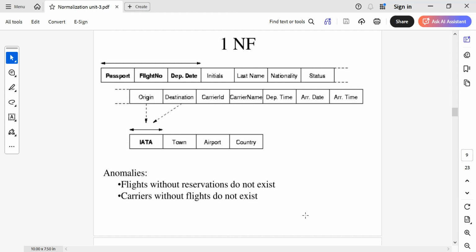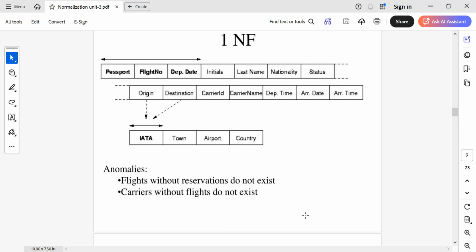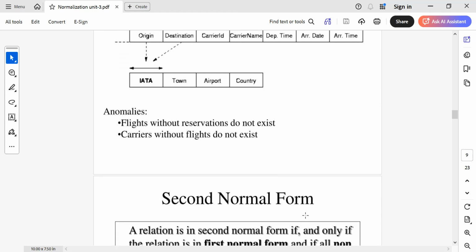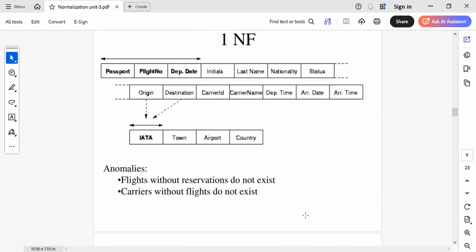Flights without reservation do not exist. Carriers without flights do not exist. So how do we resolve it? We are decomposing the tables. Here passport, flight number, departure date we are decomposing, then origin and destination we are decomposing, so we are getting the atomic values. Can you understand this?